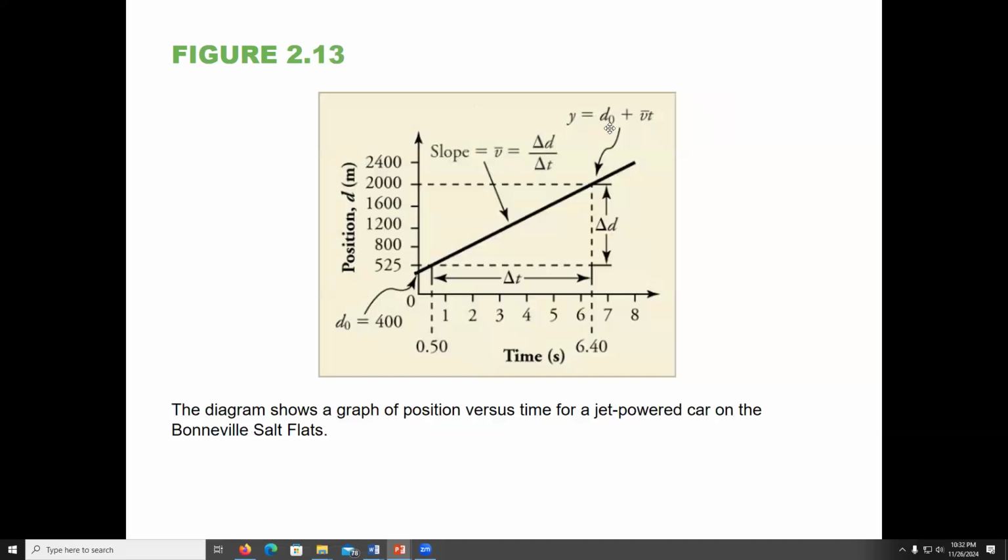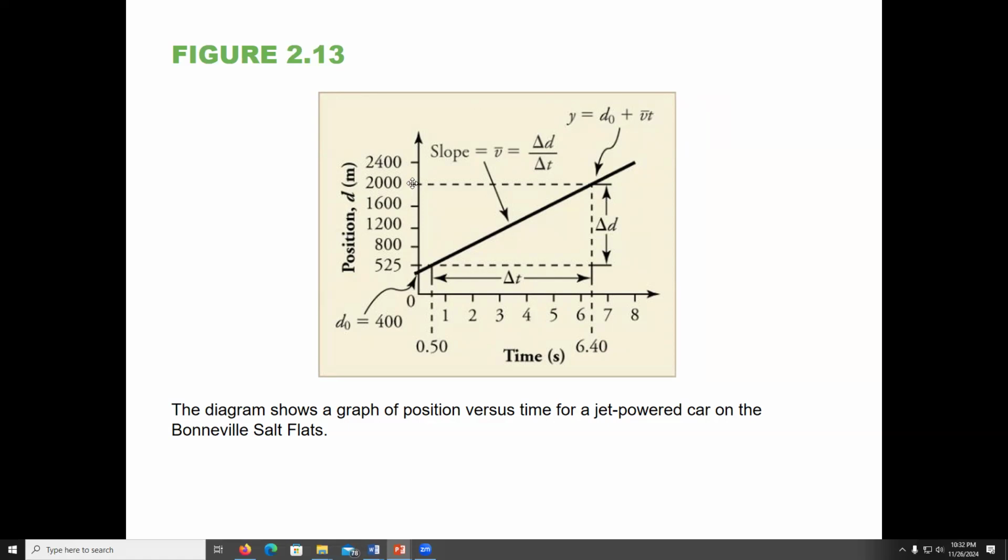D naught is going to be the initial position from where our trip started. So right here, we began our trip here, d naught. So d naught is going to be our y-intercept where we started the trip, and we add to that the velocity. We know that the velocity is the displacement divided by the time, which is the slope.